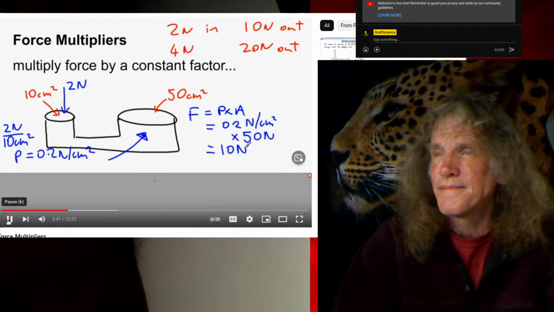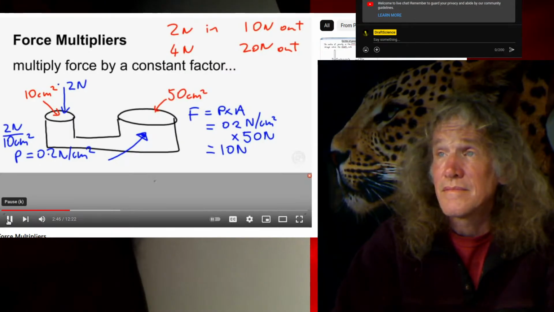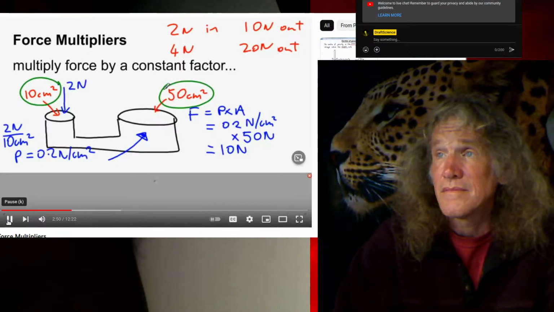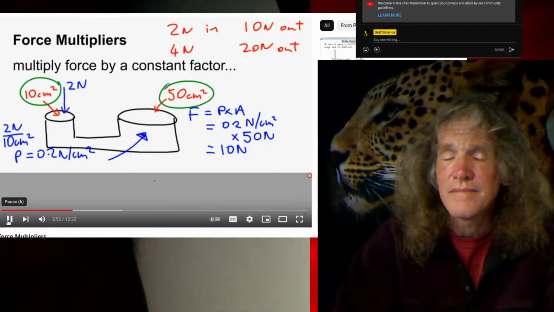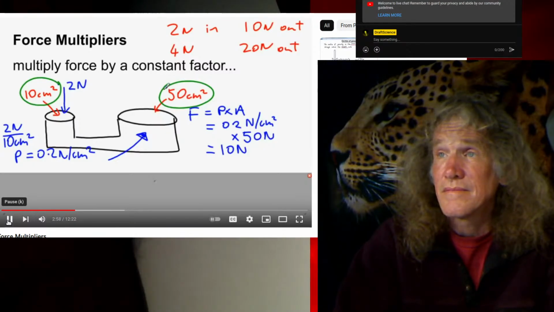Multiply the force by a factor of 5, and you'll notice that the area of the input piston and the area of the output piston are in the ratio of 1 to 5. Okay, so the ratio is 10 centimeters squared to 50 centimeters squared, which simplifies to 1 to 5. So the constant factor that this system will multiply by.